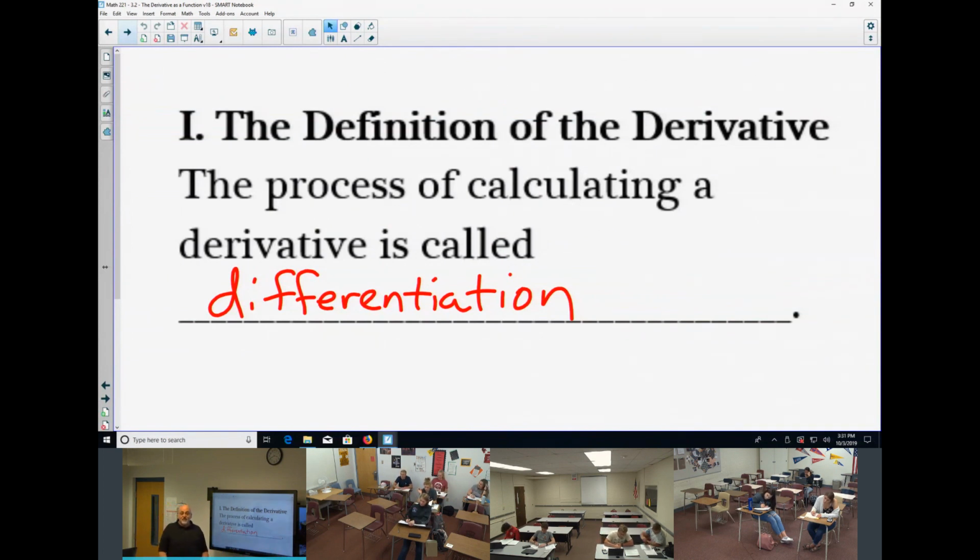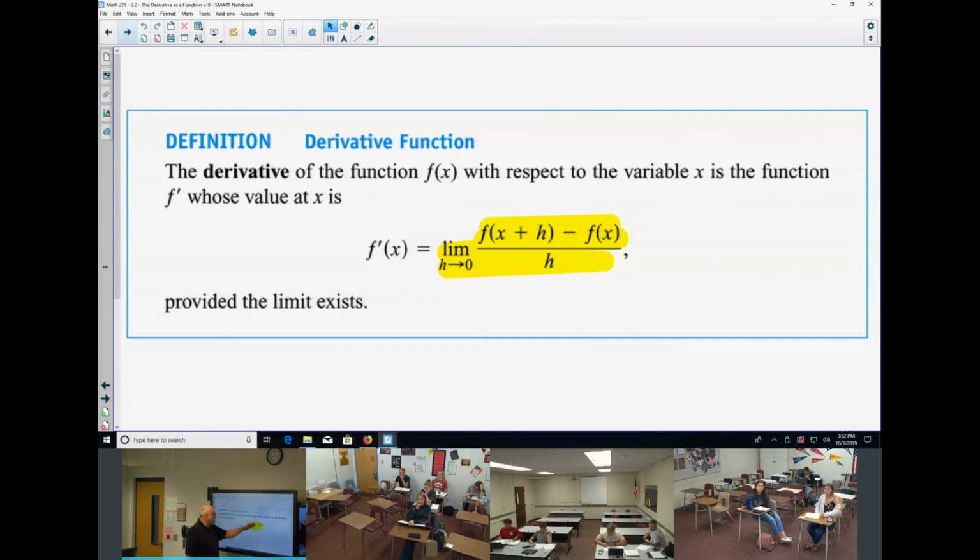That's what we've been doing today, is differentiation. So if the problem says find the slope of the tangent, find the derivative, find f prime of x, it's all the same thing. You do the same thing. So here, if it says we calculate this limit, for any of those directions.